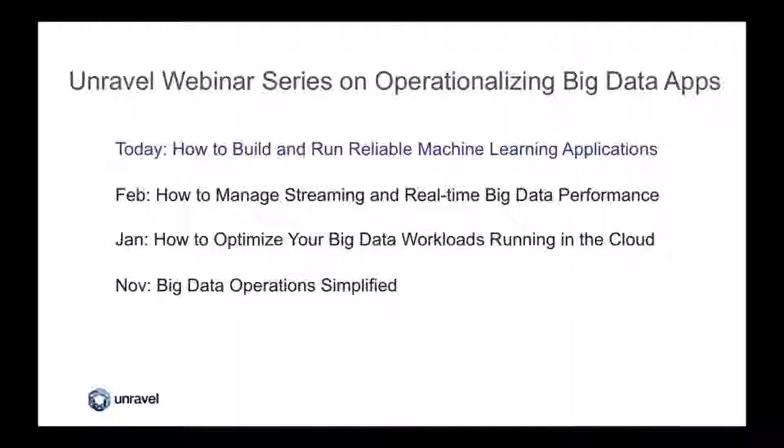Since then, in January, we presented a webinar on how to operationalize applications on the cloud on elastic auto-scaling environments. In February, we presented how to operationalize real-time and streaming applications on systems like Kafka, Spark Streaming, Flink. And today we are going to jump into machine learning applications.